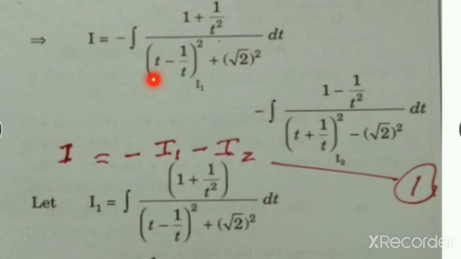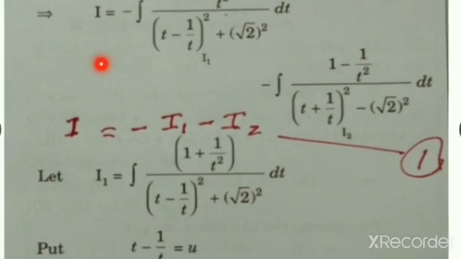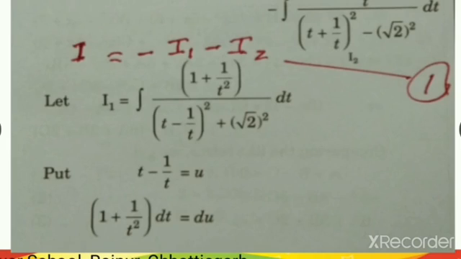Consider this I1. Here I1 is equal to integration t plus 1 upon t square upon t minus 1 upon t whole square plus root 2 square. Now put denominator t minus 1 upon t. Put t minus 1 upon t is equal to another variable u.